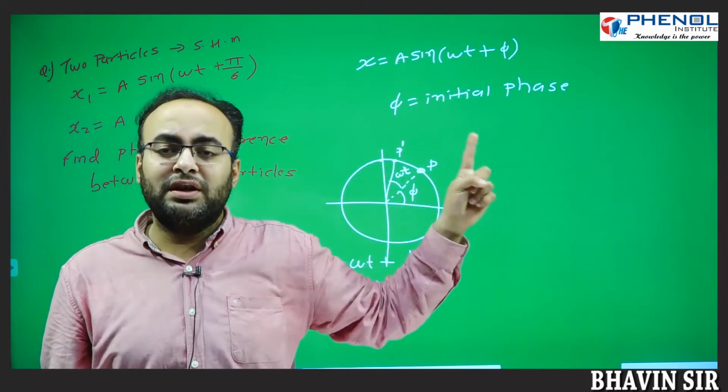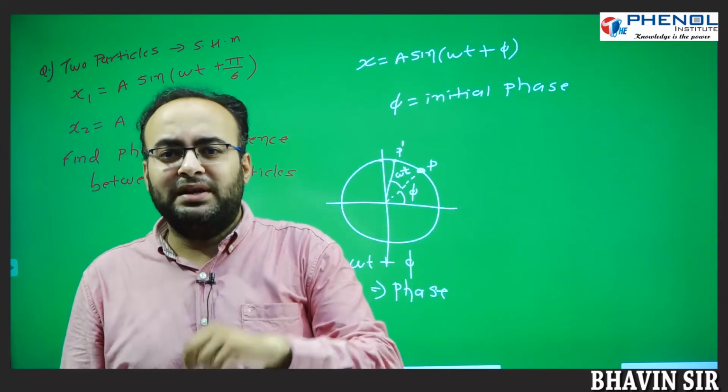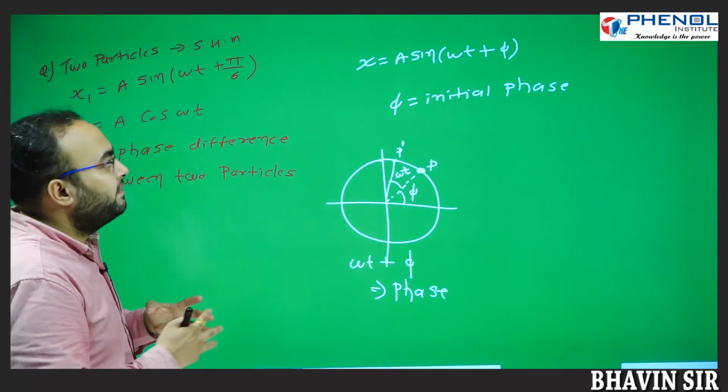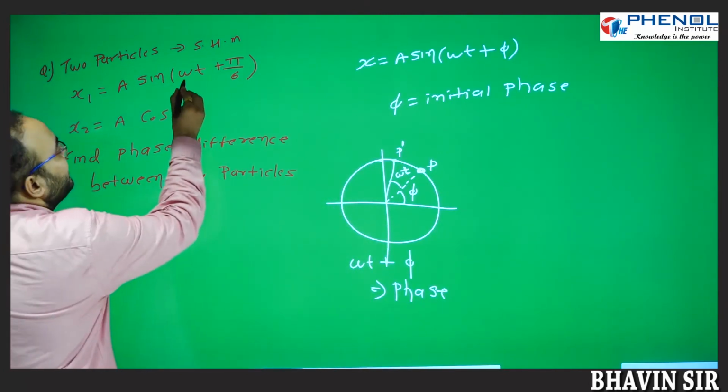So what is the total angle? Omega t plus phi. That is known as phase. Clear? Phi is the initial phase where it starts the motion. After some time it moves to P dash, at what angle? Omega t. So the total angle is omega t plus phi, which is known as phase.